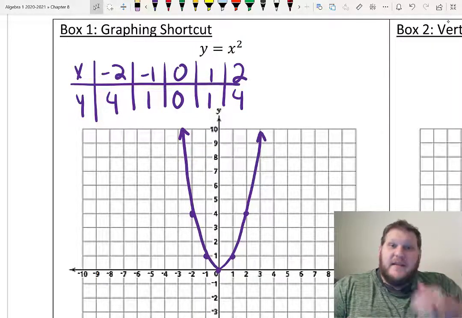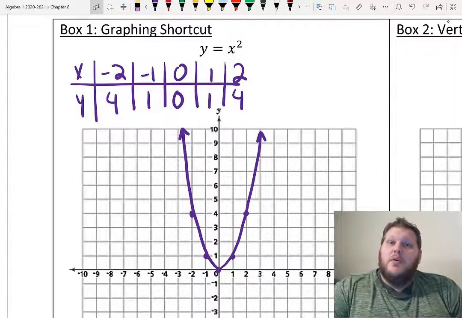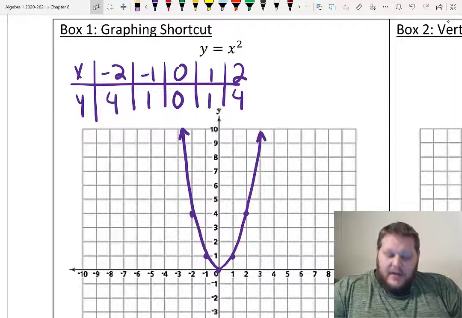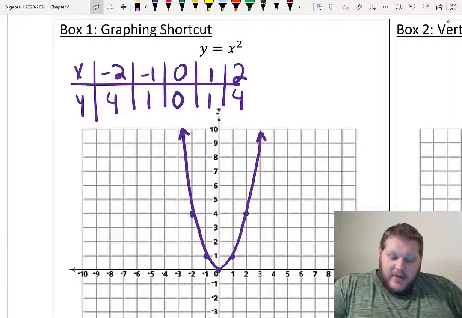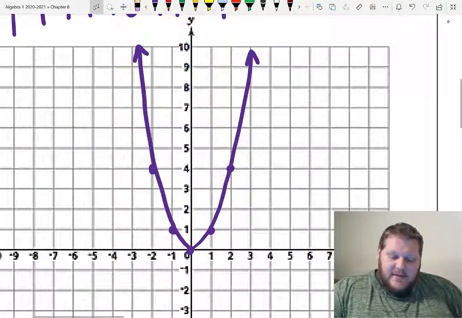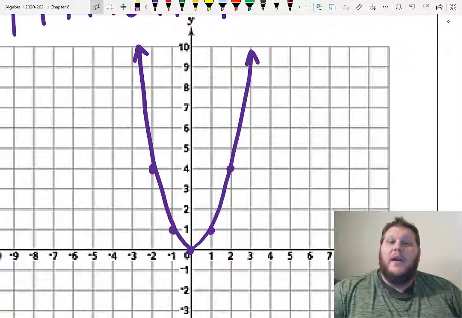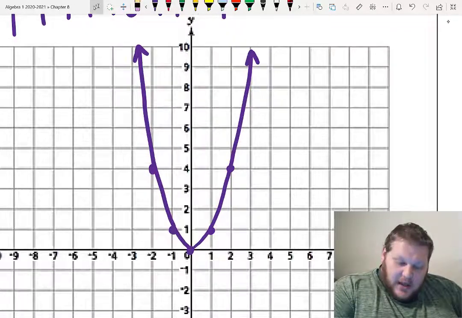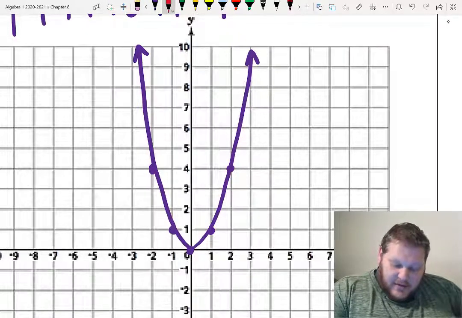So with these, if I wanted to graph them, once I knew where the vertex happens, which for right now, just a regular parent graph without anything shifting around, happens at the origin, so at 0, 0. From here, this pattern exists in how I get from one point to the next in my graph. If I look at my vertex to my first point on the right, I go up 1 over 1.